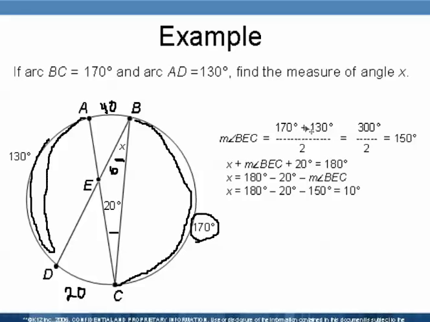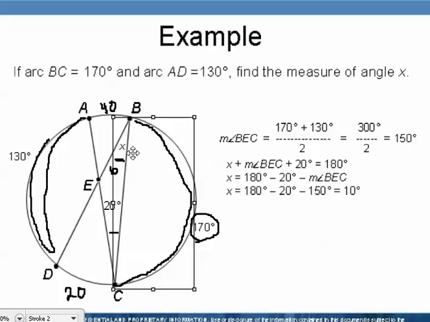They added the 170 and the 130, and got 300 degrees. 300 divided by 2 gave them 150 degrees. That is BEC. So they're saying that this angle in here is 150 degrees. Then they used the triangle theorem that says 150 plus 20 gave them that angle up there.